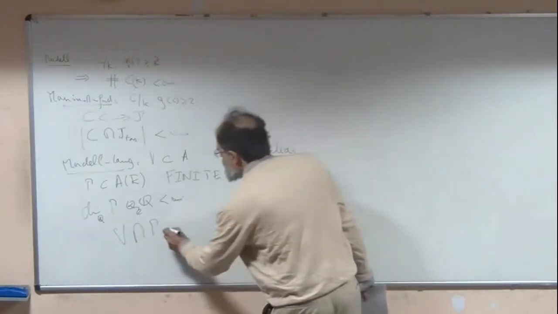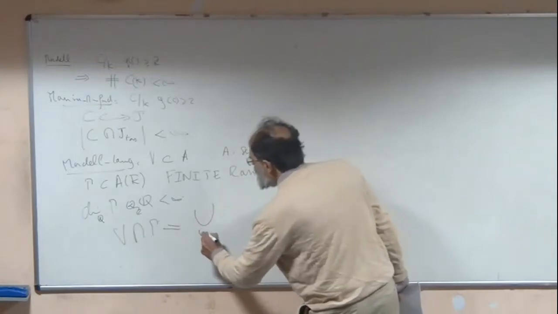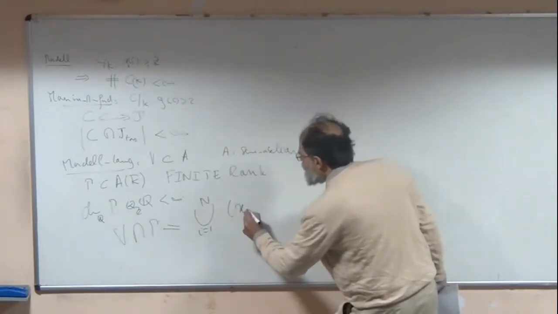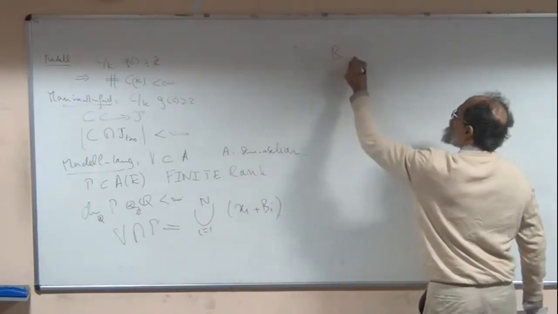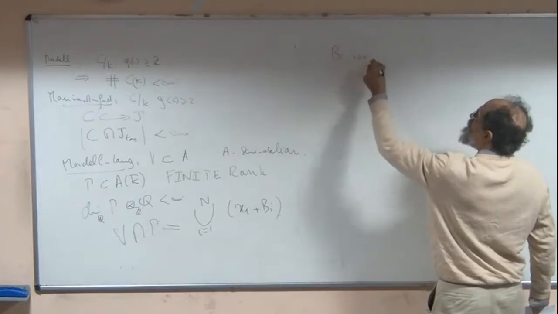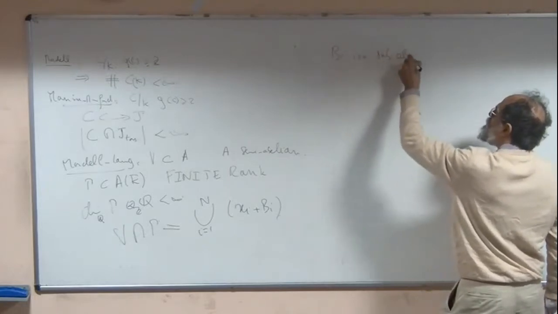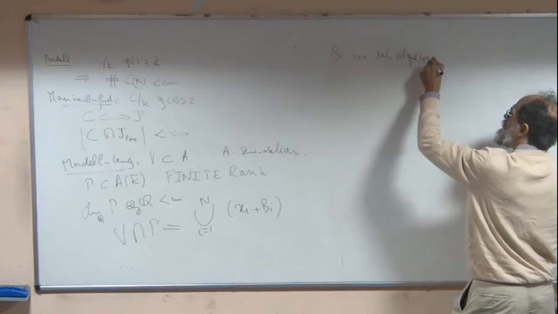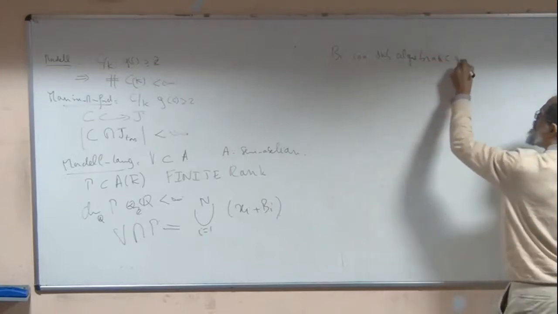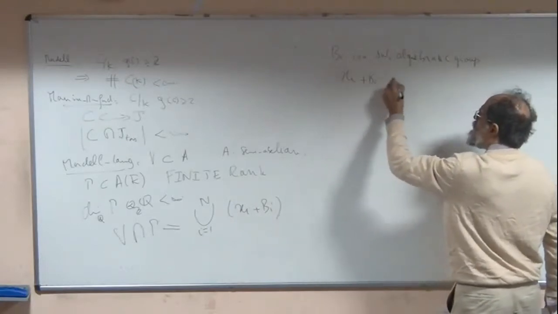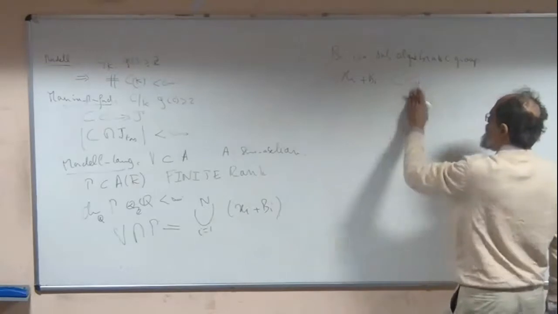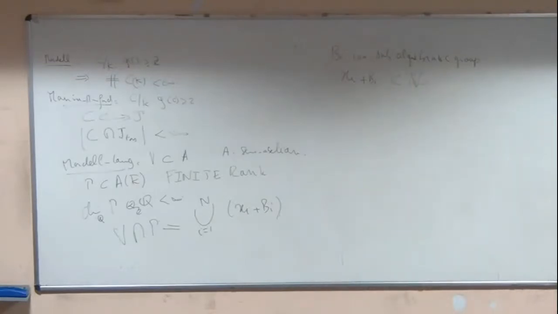And in fact, the statement is that it's a finite union of x_i plus B_i, where B_i is a subalgebraic group, with x_i plus B_i included in V. So this again was settled following the work of Vojta, Faltings, McQuillan.